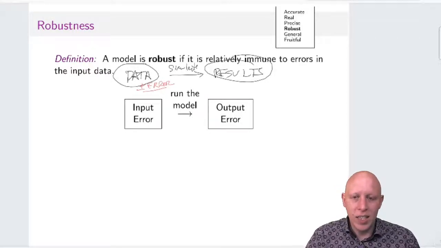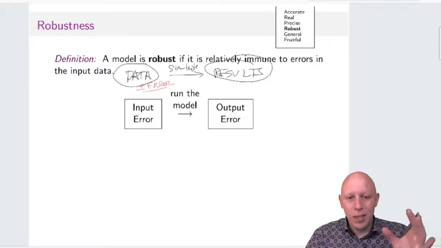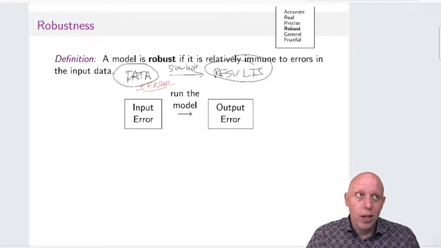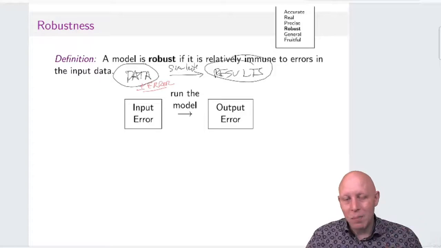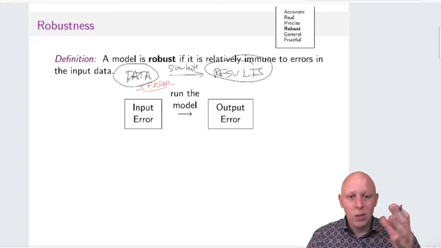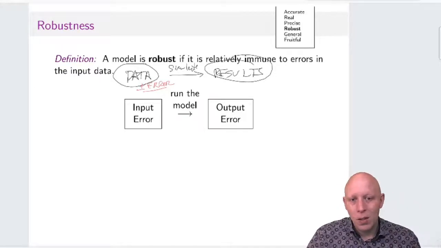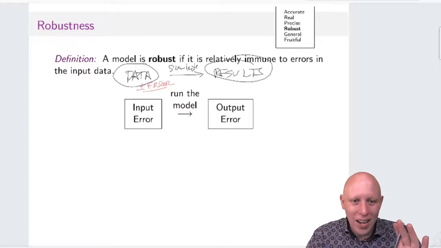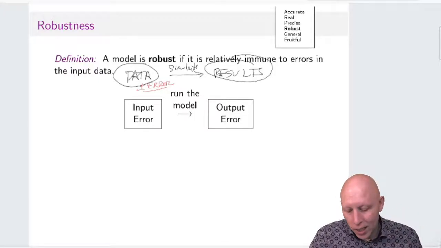Maybe it was off by a decimal point, maybe it was collected badly, maybe there's some missing data. There's going to be some error involved in the data.